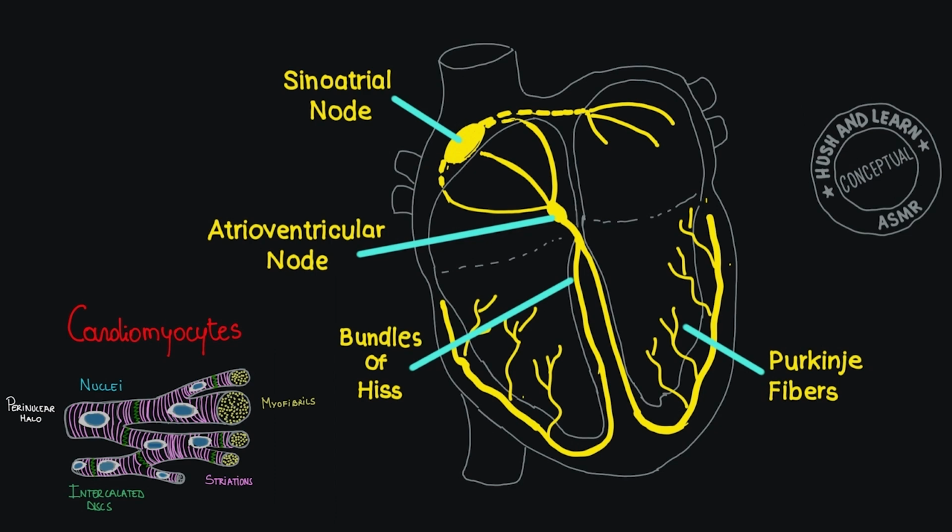So this current then propagates to the neighboring atrial myocytes via gap junctions. They are like tunnels. They are protein channels formed by connexin subunits.